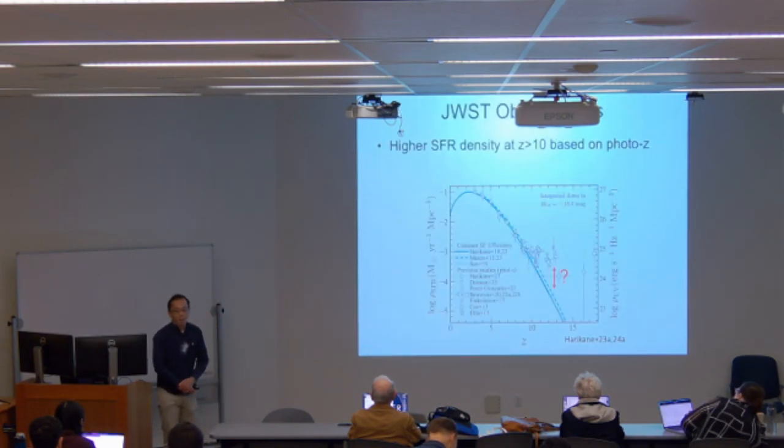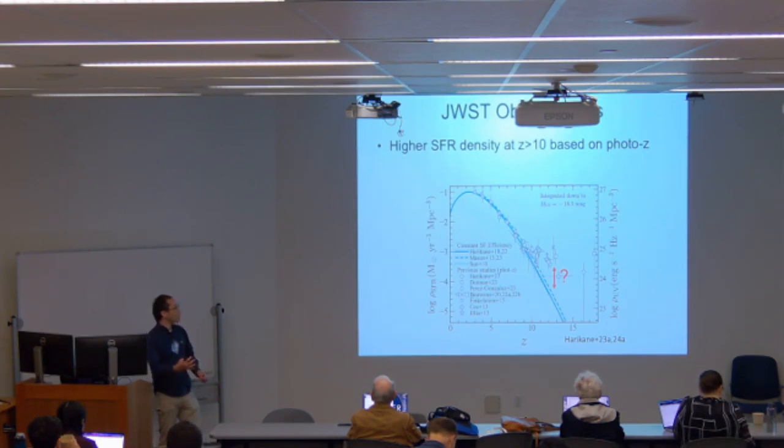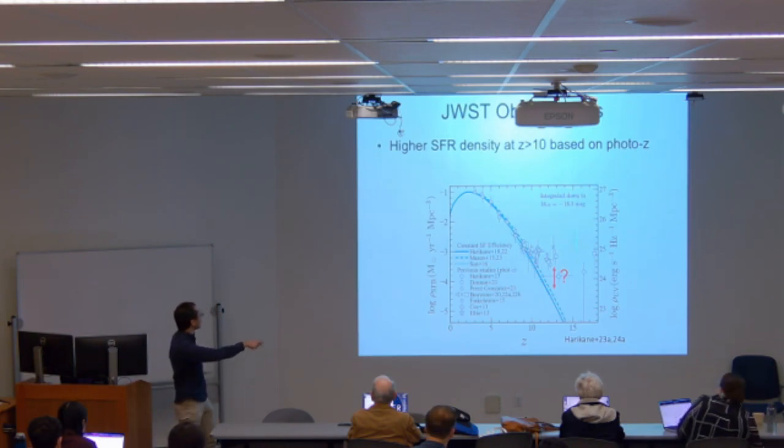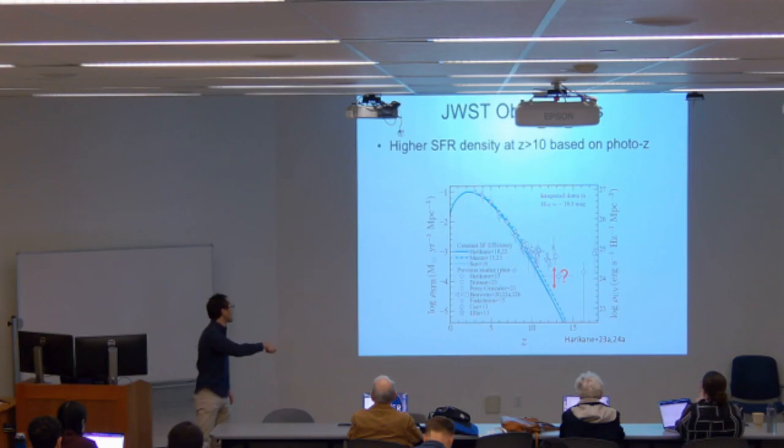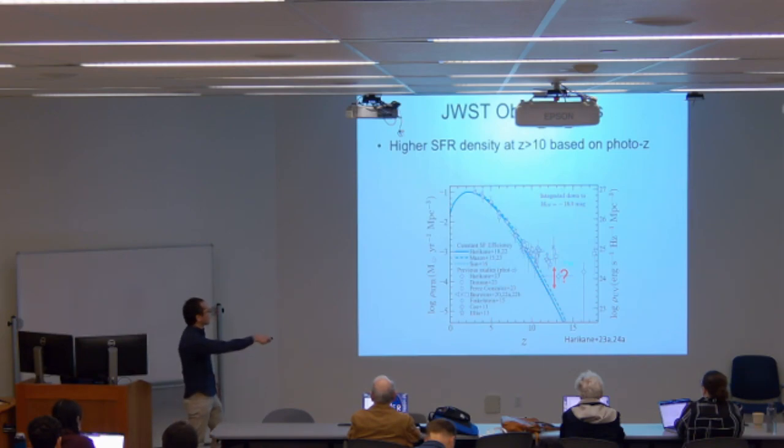Based on these many findings of high redshift galaxies, people are discussing the number density, the UV luminosity function, or the star formation rate density evolution. This figure shows the star formation rate density or the UV luminosity density as a function of redshift. These gray data points beyond redshift 10 are the JWST observations. As you can see, the JWST observations show higher star formation rate density than this model prediction.